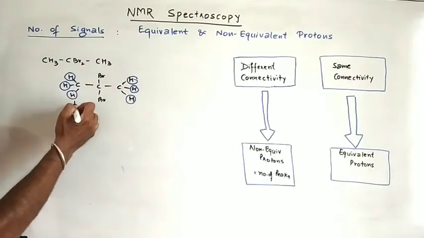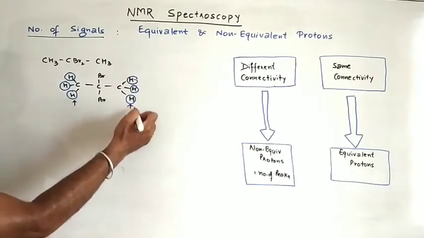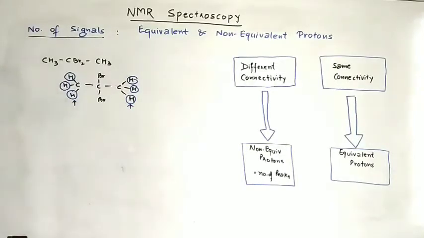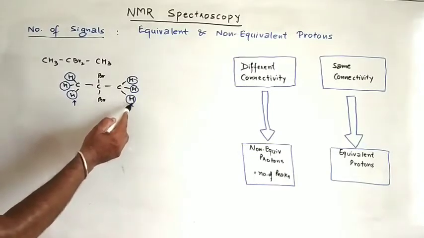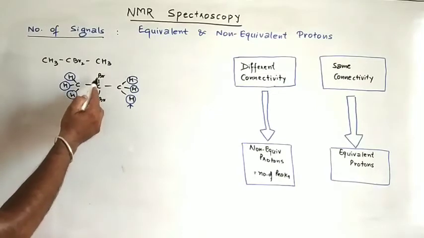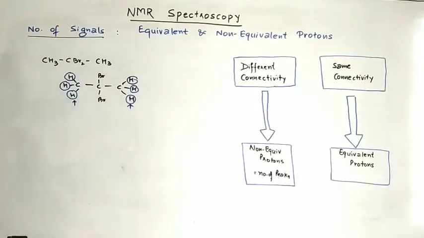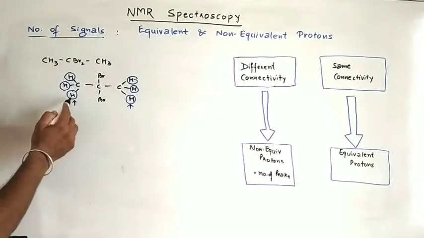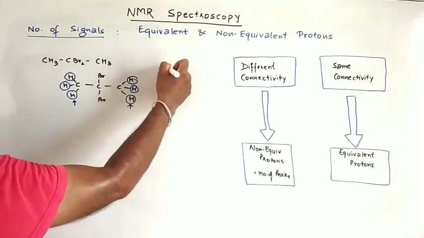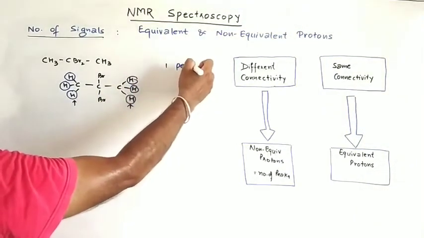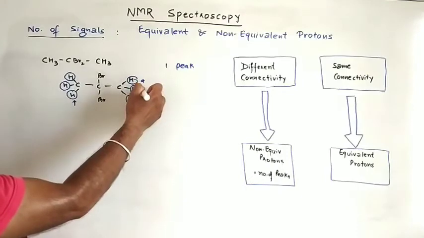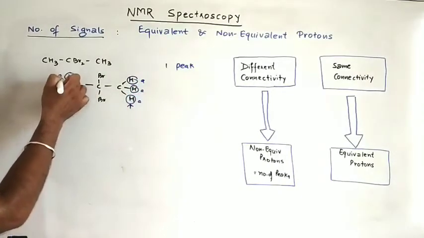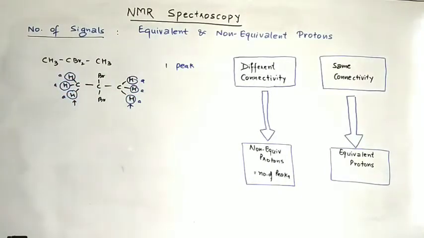Now we will compare this proton and this proton, whether they are equivalent or non-equivalent. They are also equivalent. You can see the same environment. This hydrogen is attached to carbon, which is attached to carbon having 2 bromine and 1 methyl group. Same for this proton. It means you will get one peak. Like all the protons are equivalent. All these 6 protons, they are equivalent.